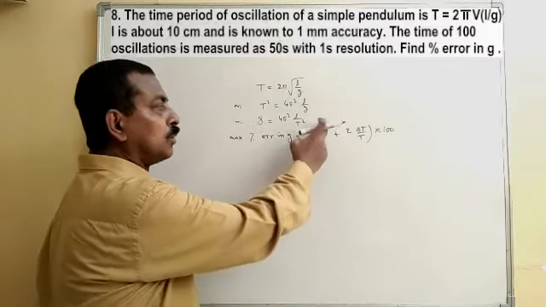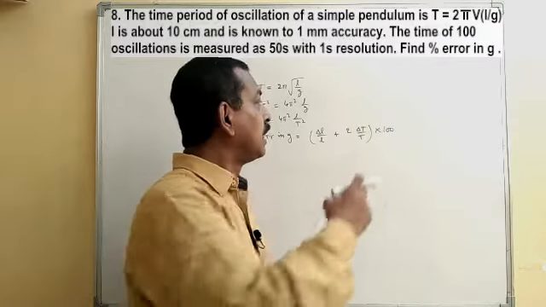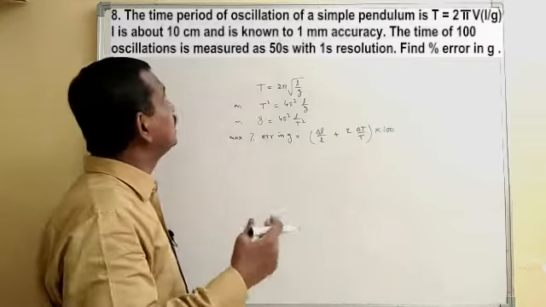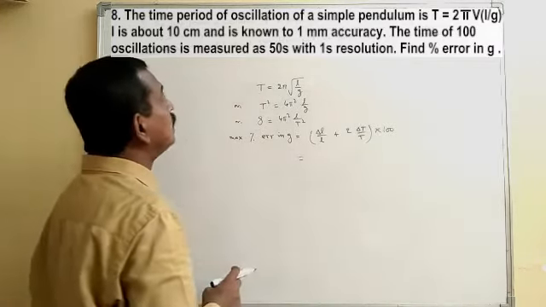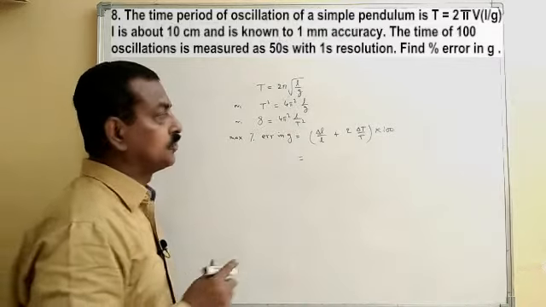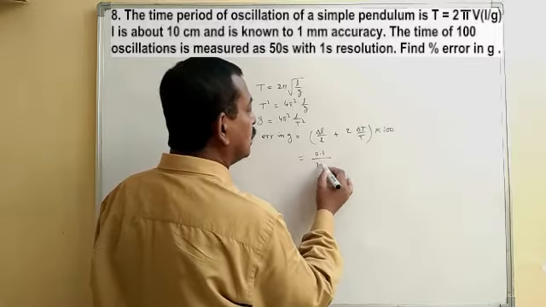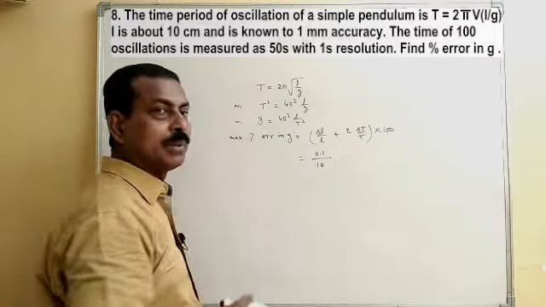So you have to find the error in the measurement of length and the error in the measurement of the time period. Now it is given that L is about 10 centimeter and it is measured to 1 millimeter accuracy. It means it is 0.1 divided by 10, 0.1 centimeter divided by 10 centimeter.